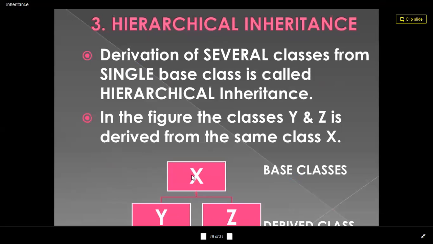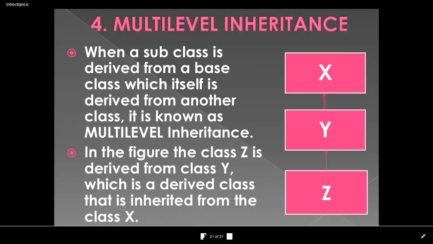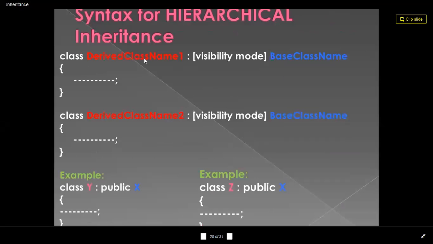So in this figure, the classes y and z both come from x. So y is a little bit different, z is a little bit different, just like the way dog was a little bit different, bird was a little bit different, but both those were animals. So the syntax is simple: the derived class name and the visibility mode of the base class.